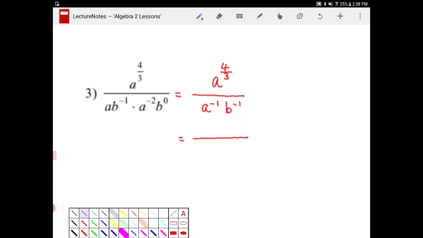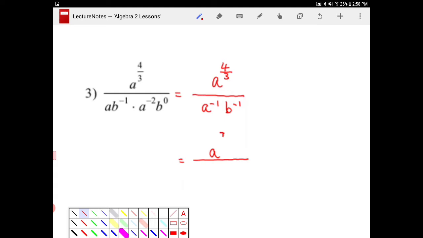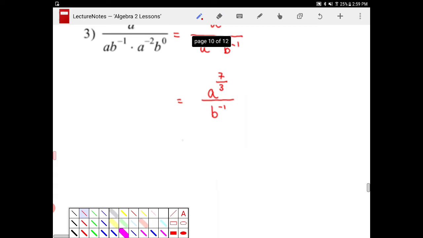Absolutely, because I have 4/3 and negative 1 here. So a to the 4/3 minus negative 1 is equivalent to 7/3. And b to the negative 1 in the denominator just moves up, so that's going to be a to the 7/3 times b.